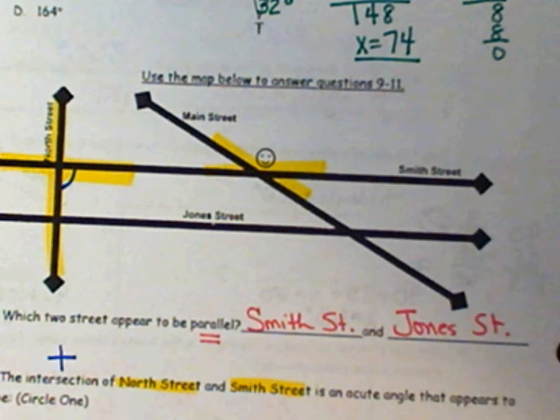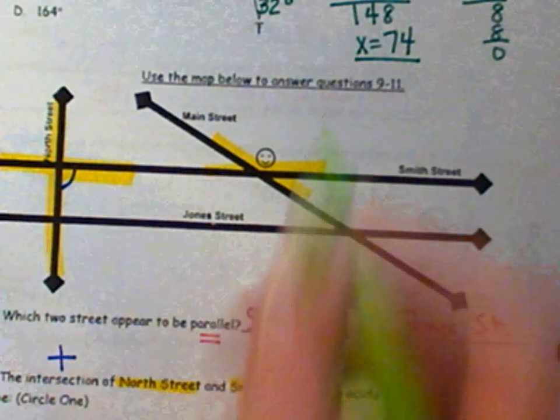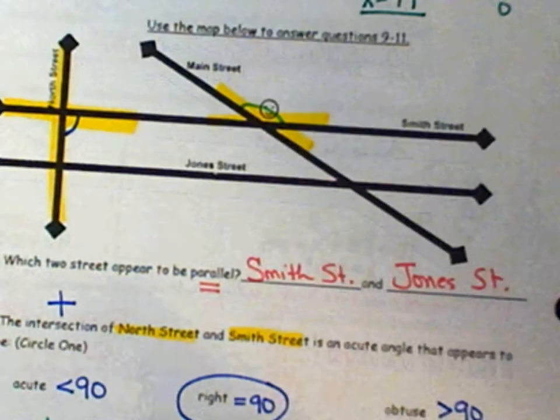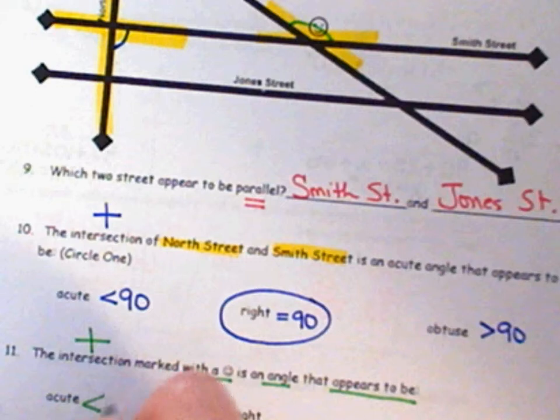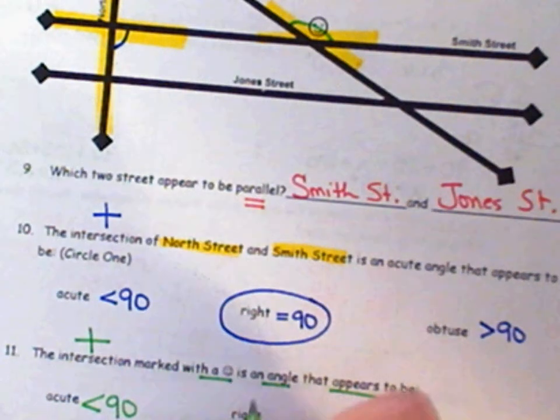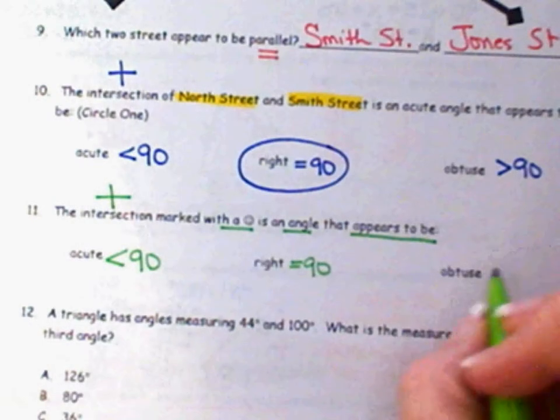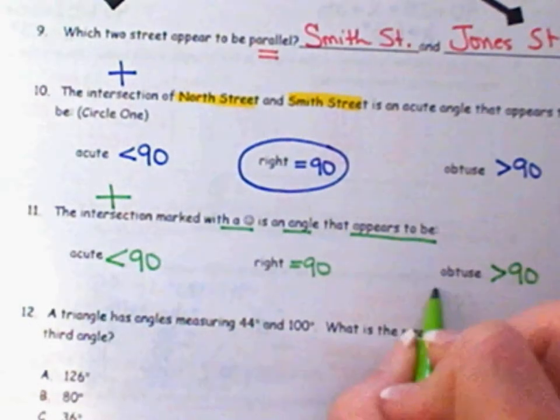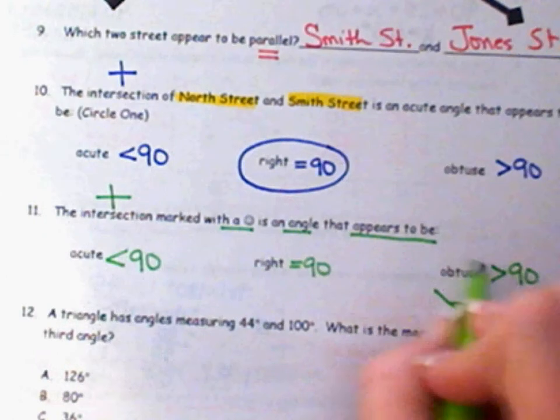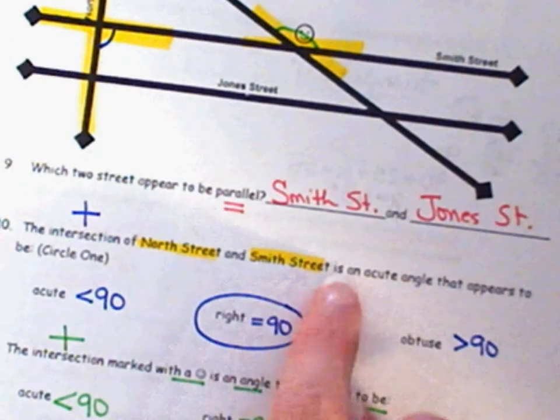Okay, the intersection marked with a smiley face, so again, where they cross, marked with a smiley face is an angle that appears to be. So let's see where we're crossing. Intersection with the smiley face. So here's the smiley face, here's the intersection.